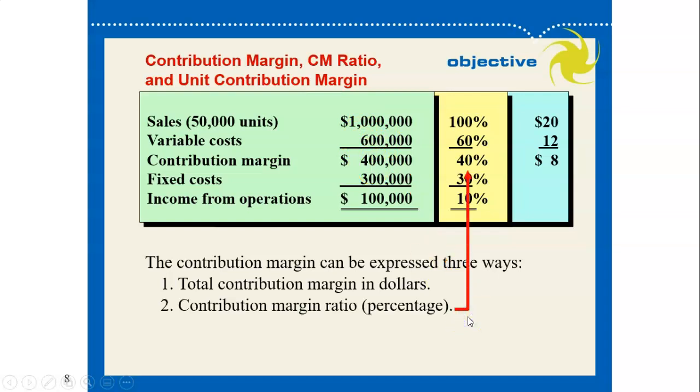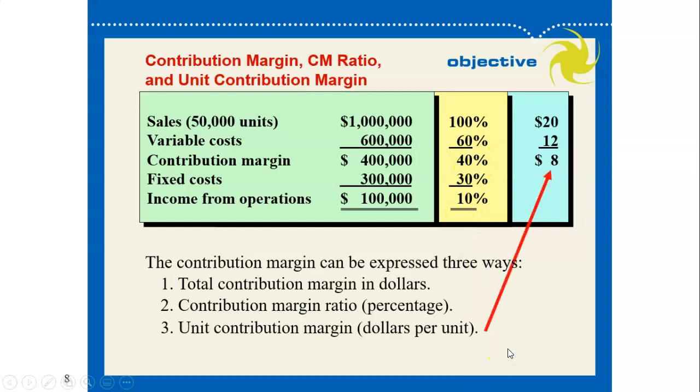Or we can show it as the contribution margin ratio, which is the contribution margin divided by sales. That gives us the 40%. And our third way is to do it by the unit contribution margin, which is to take the sales per unit minus the variable cost per unit, gives me my unit contribution margin.